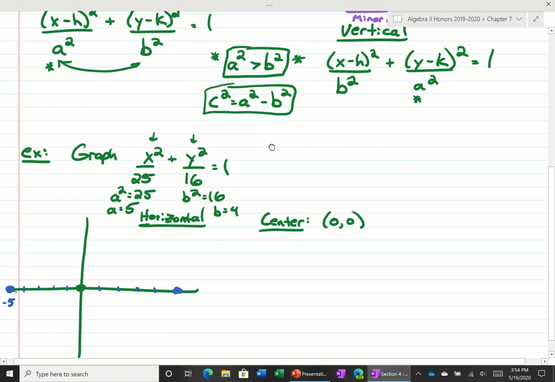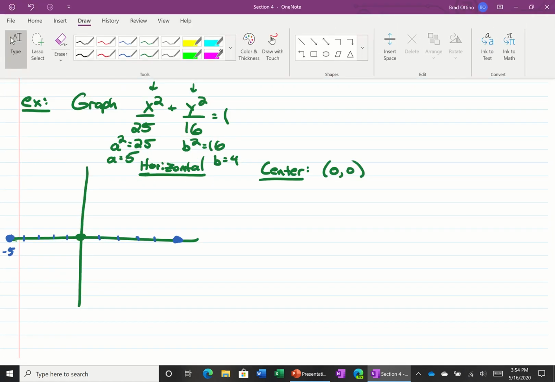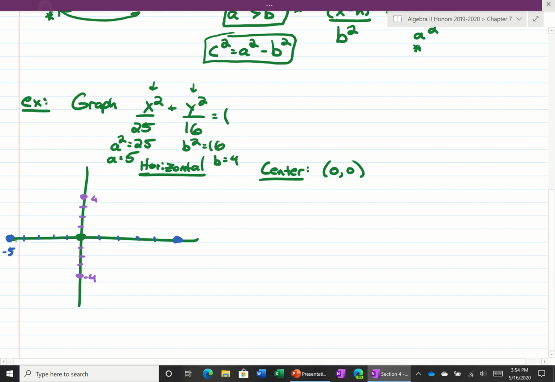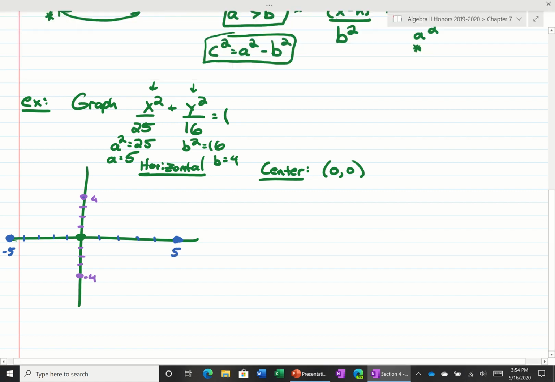And the minor axis I used purple. So that is our ellipse. Let's connect the dots. And we'll find some other components.